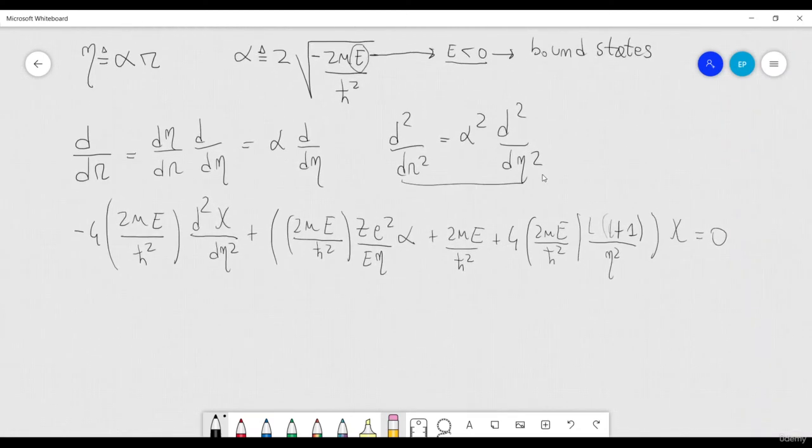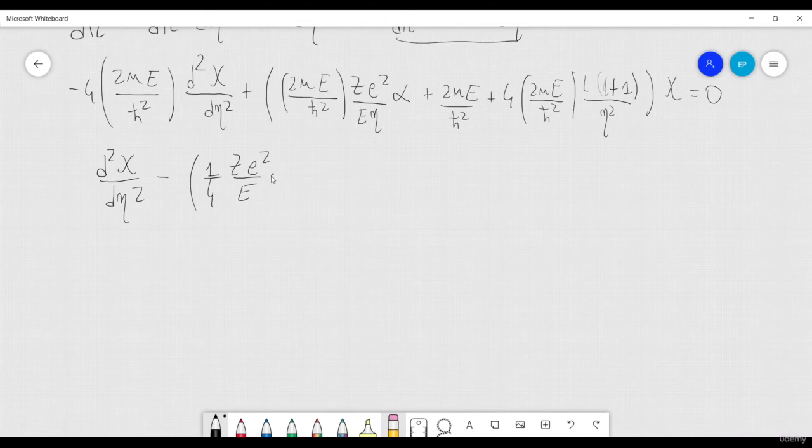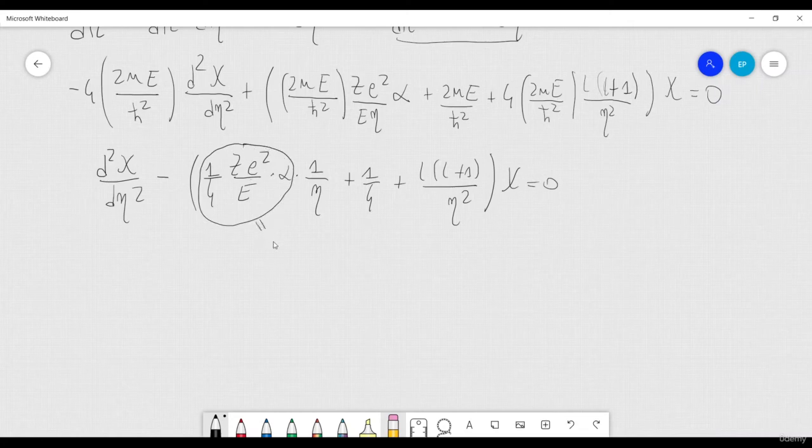Now you can manipulate it a little further, like this. You can write that d squared chi over d eta squared minus 1 over 4, plus Z e squared over E times alpha times 1 over eta, plus L times L plus 1 divided by eta squared, times chi equal to 0. Now this is just a constant here that I can call lambda. This lambda here is an important parameter because it will tell us how the energy is discretized, how the energy is discrete.